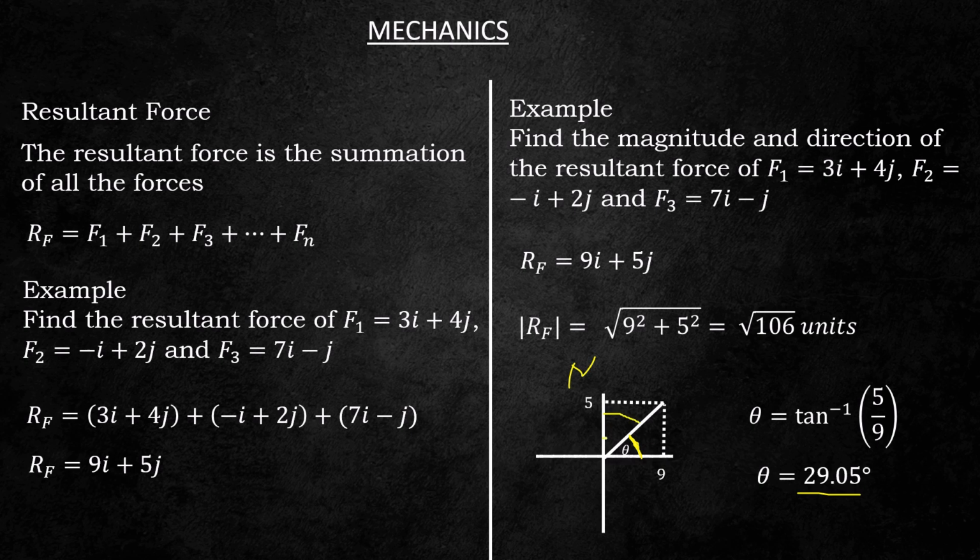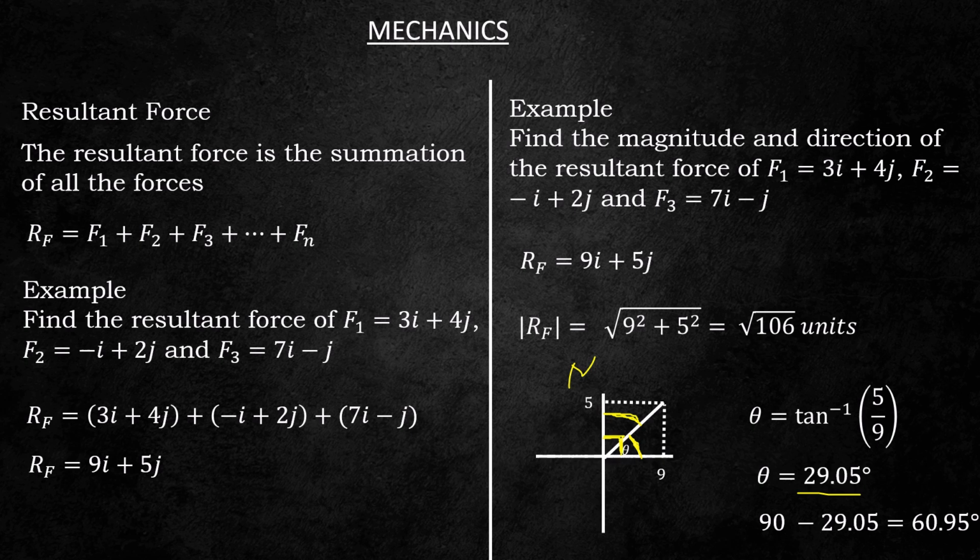Now this whole angle over here is 90 degrees, and this theta over here is 29.05. So if I want to find this angle, all I need to do is subtract that angle from 90, because the whole of this angle is 90 degrees. It's a right angle.